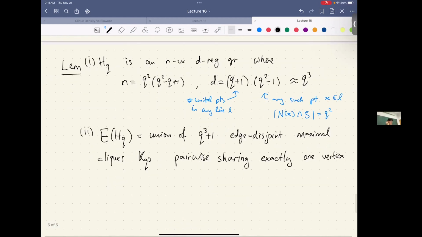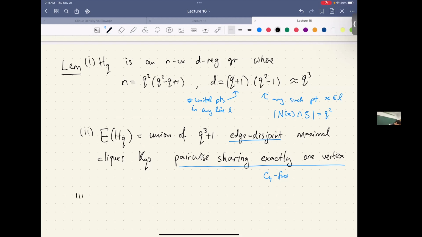This is also not hard, deriving from all those previous properties. In particular, this is derived from C4 freeness of the incidence graph. In other words, two points determine a line, two lines determine a point.